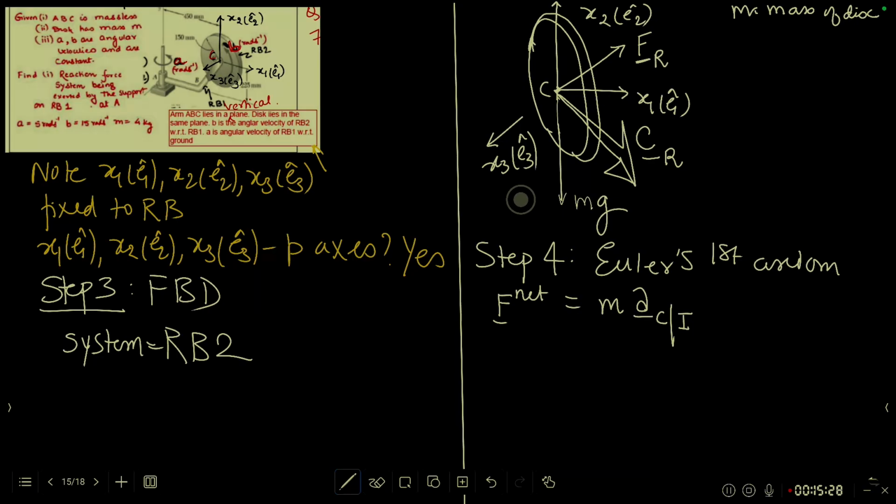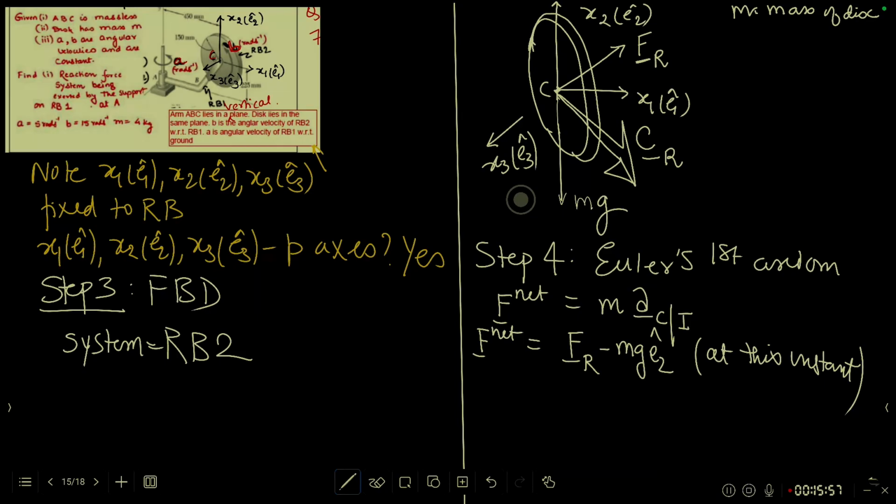F net is the shown force FR minus mg times E2 at this instant. I am talking only about this instant. At this instant I am letting x2 E2 be vertical. At the next instant x2 E2 may not remain vertical.